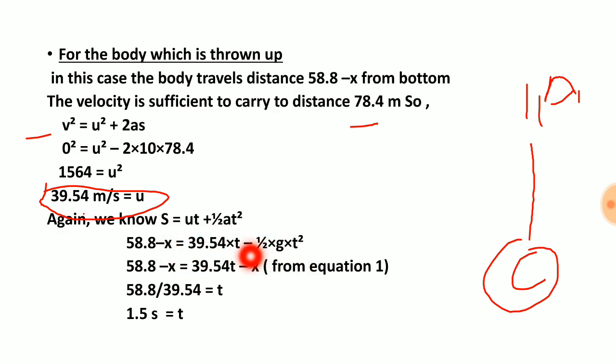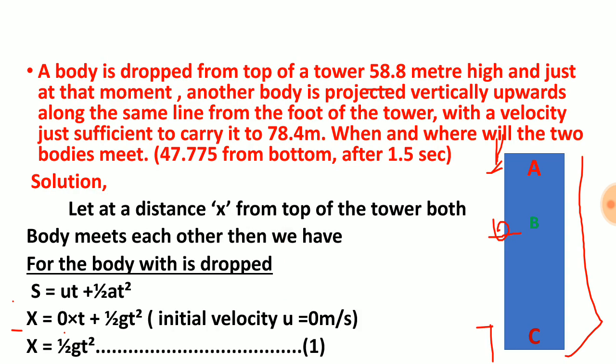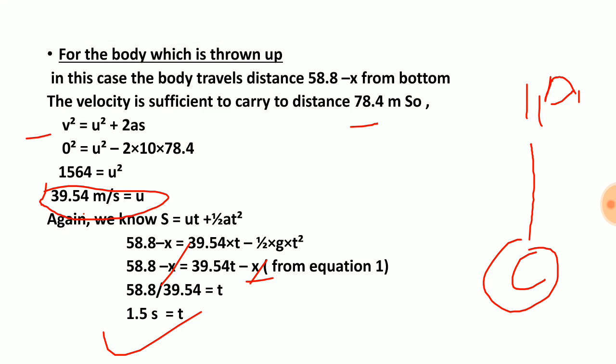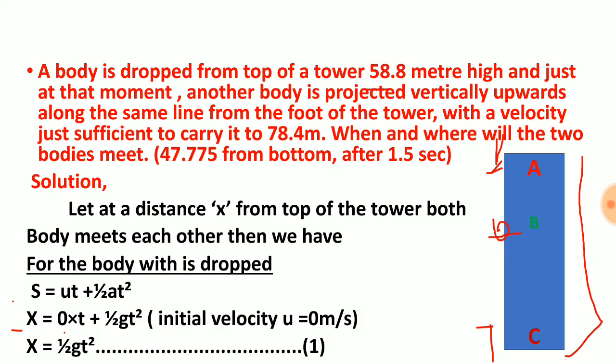If we see our equation 1, we have written x is equal to half gt square. So we can replace half gt square with x. Here x and x will cancel with each other, and we get t equal to 1.5 second. After 1.5 second, both the bodies from A and C arrive at the point B.